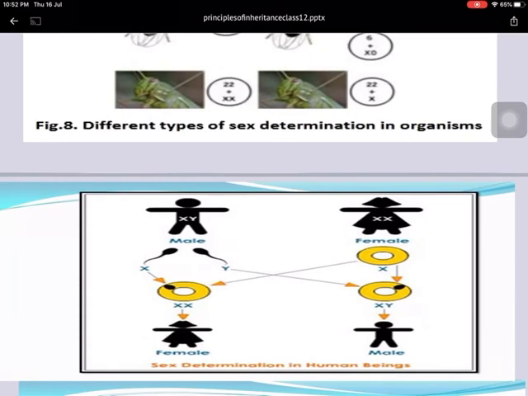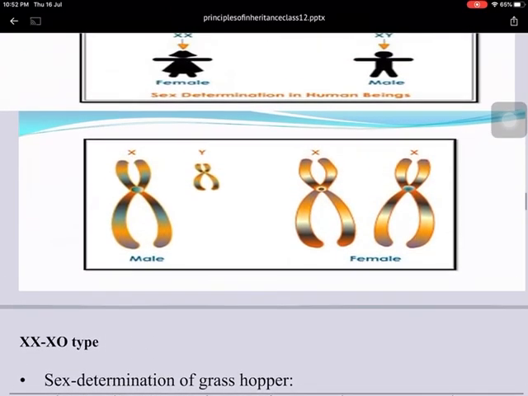All of you have studied this in class 10th, that male is heterogametic and female is homogametic. At the time of formation of gametes, the chromosomes X and Y segregate from each other, and in female again X and X. When XX unite with each other, a female child will be born, and when X unites with Y, a male child will be born.